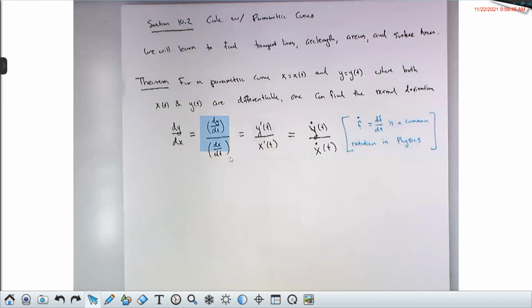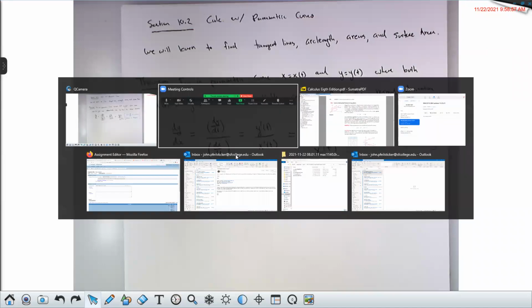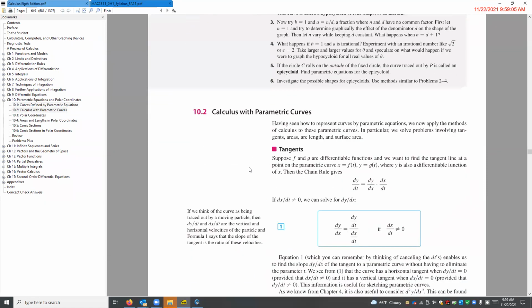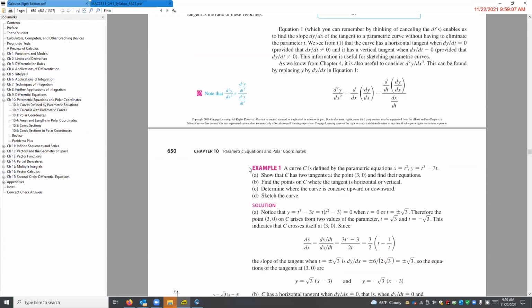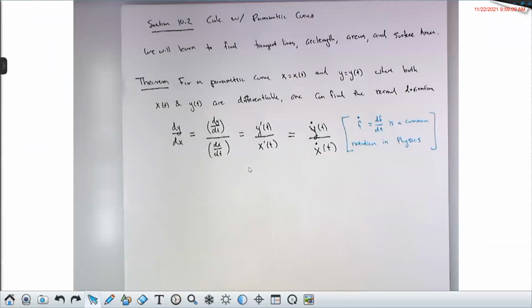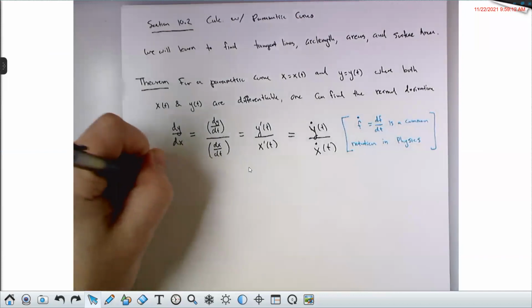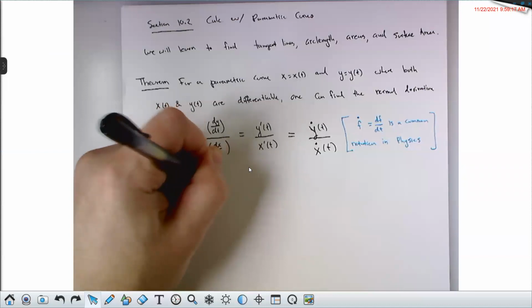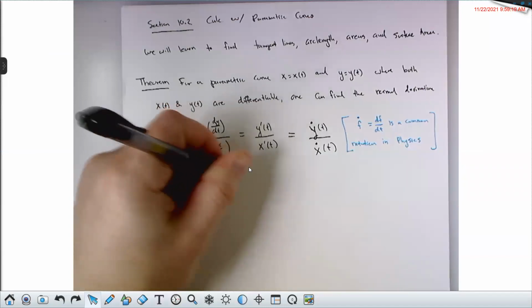I'll generally use the Leibniz notation because it's the most clear, even though it's a little bit clunky. This will allow us to find things like tangent lines. So let's take a look at one or two problems here. Oh yeah, I do need to specify that this works as long as dx/dt, the thing downstairs, is non-zero, of course.